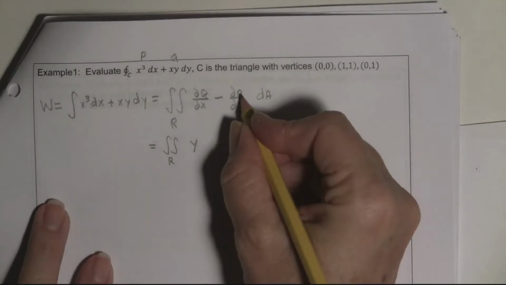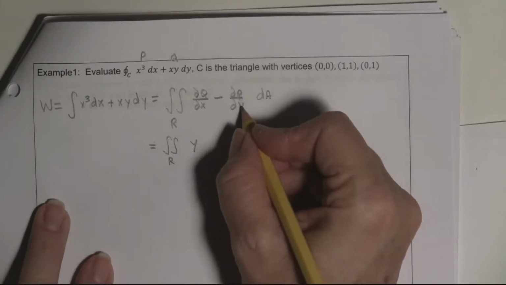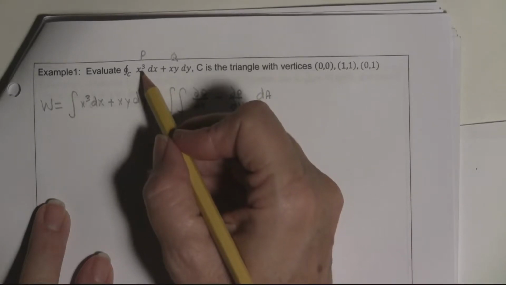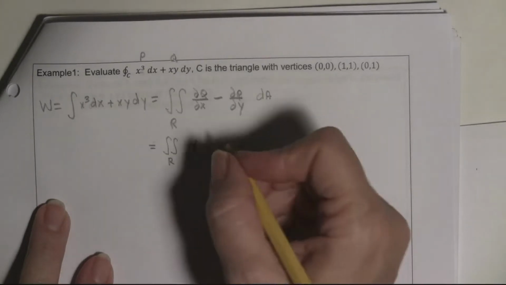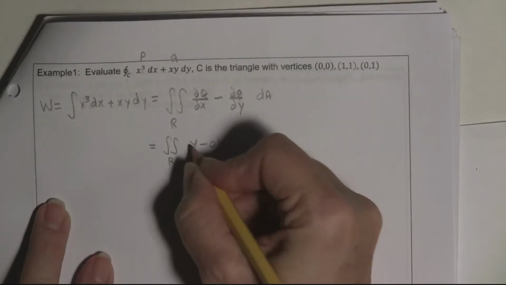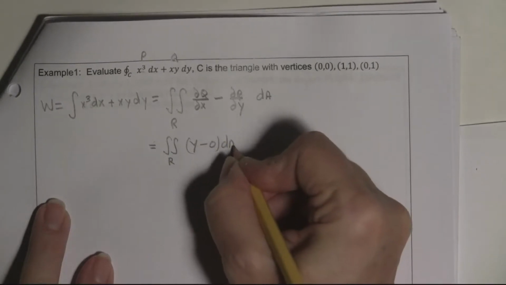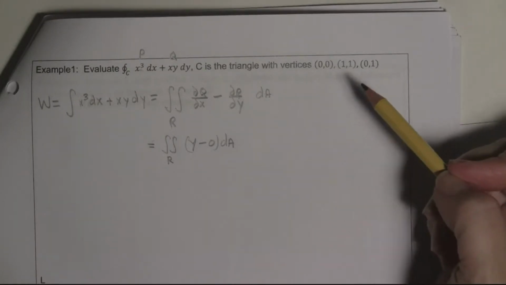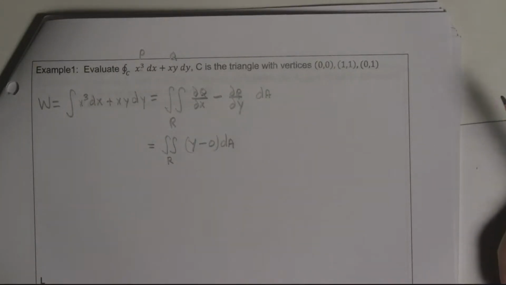And then identifying P and taking the partial with respect to y, that will be 0. So y minus 0 dA. And then now I'm going to use this to come up with my bounds, and then I'll be in business.